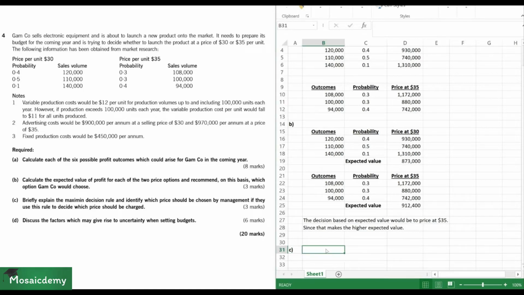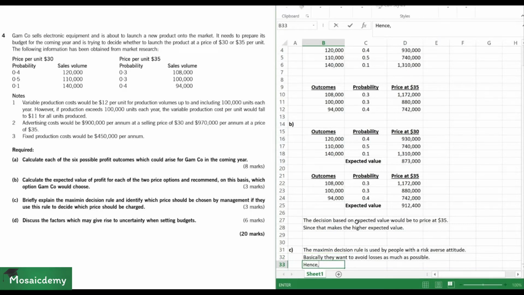First part, explain the maxi-min decision rule, which is for the risk-averse attitude. The maxi-min decision rule is used by people with a risk-averse attitude. Basically, they want to avoid losses as much as possible.